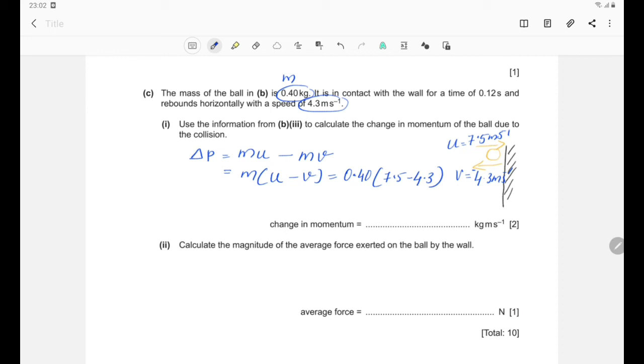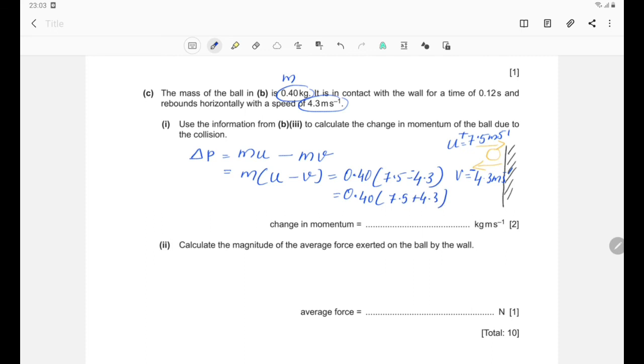So here it is minus 4.3. As the initial velocity u is towards the right, if you take it as positive, the velocity of the ball after it rebounds, as the direction is just opposite, you should put minus. So it will become minus of minus 4.3. So you will get 0.40 times (7.5 plus 4.3).